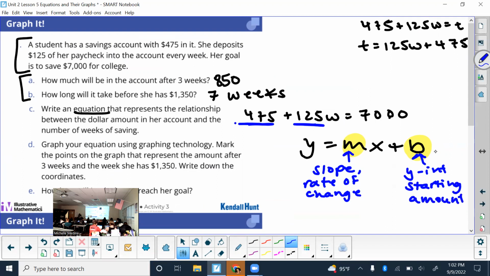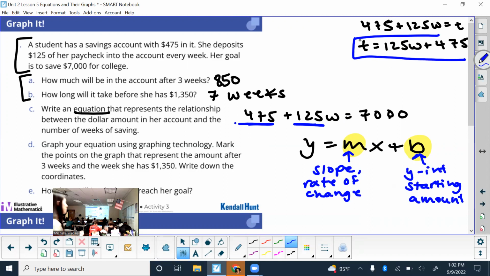So kind of use this format to help set up your equation. Because then when it asks how much will be in the account after 3 weeks, where do I plug that in? The 3, once I have my equation, which is right here. How'd you find 850? Because I did 475 plus 25 for that.